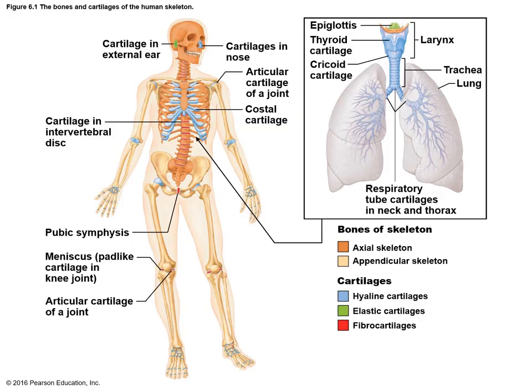Now you also have color coding for the three different types of cartilage. The blue is the hyaline cartilage. So here you've got your costal cartilage, your articular cartilage in joints, elastic cartilage, remember, like in the external ear. And then fibrocartilage is a little bit hard to see, but it's right here. It's between each of the vertebrae as an example.